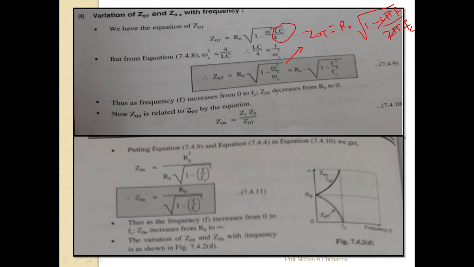So increasing the frequency from 0 to fc, Z0T decreases from R0 to 0.